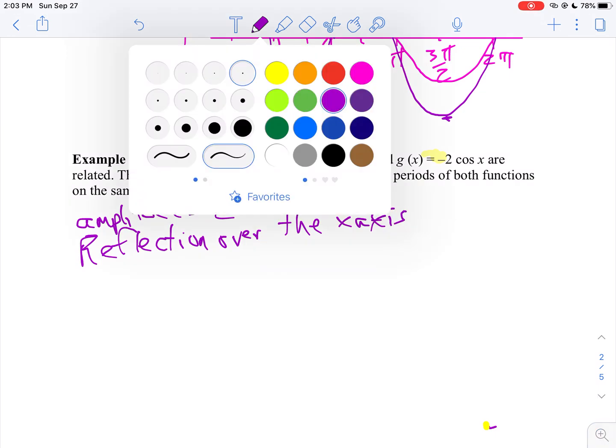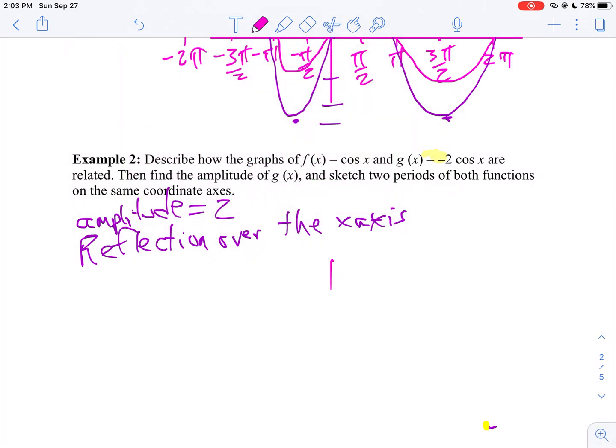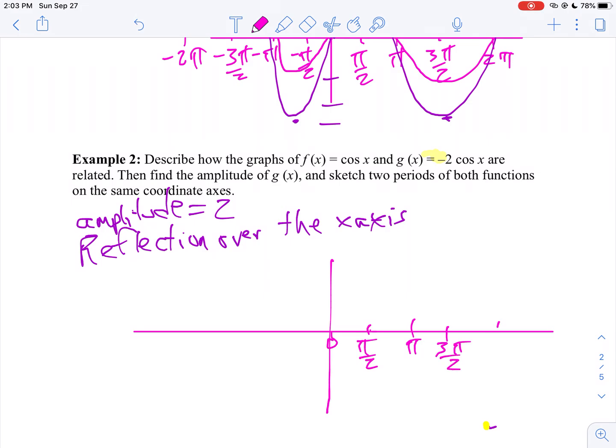So once again, I'm going to just draw my graph. So 0, pi over 2, pi, 3 pi over 2, and 2 pi. I know I'm going to go up to 1, so I'm going to put my 1 on here right away.